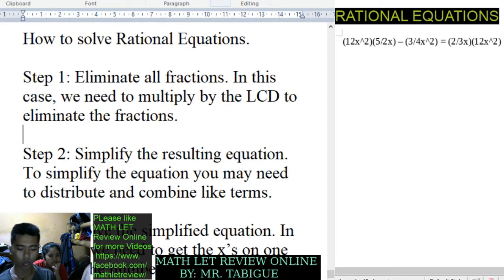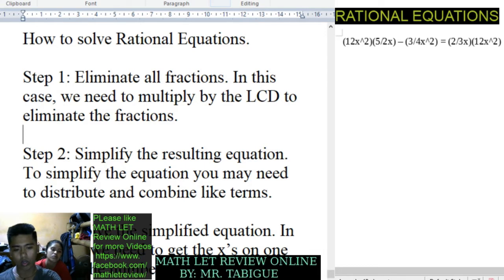After that, we arrange the terms in descending order, then combine like terms. Then we put all the x's on one side and the constants, the numbers, on the other side, to isolate x, so we can know the value of x, or the x's if there are many.